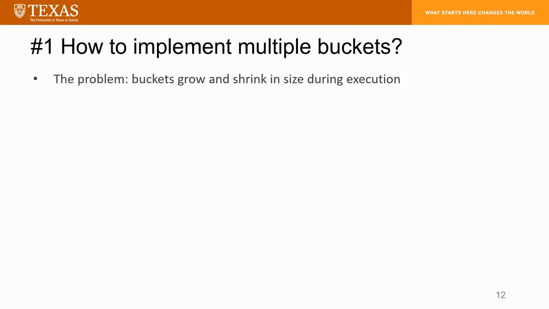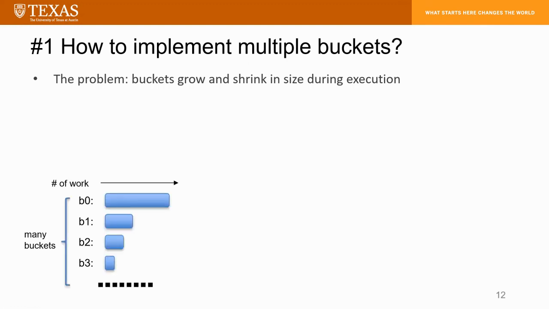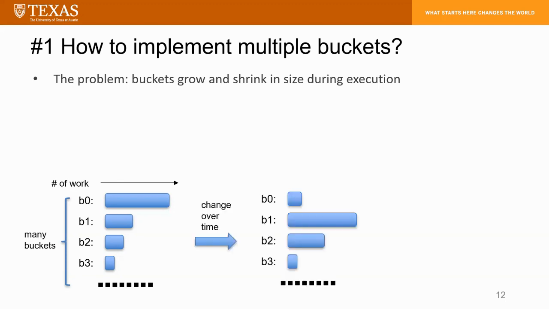Now let's talk about the first issue: how we can implement multiple buckets. The problem is that those buckets grow and shrink in size during execution. So at any given time, generally speaking, work items are distributed non-uniformly into buckets. Some buckets may have more work, some less.